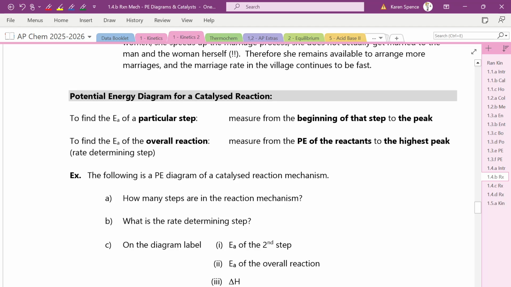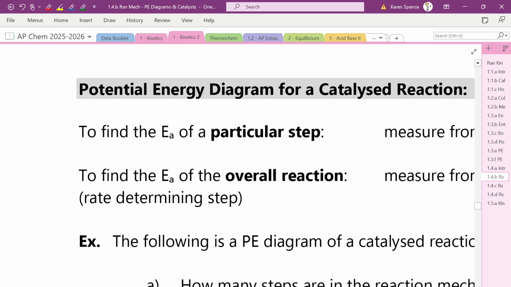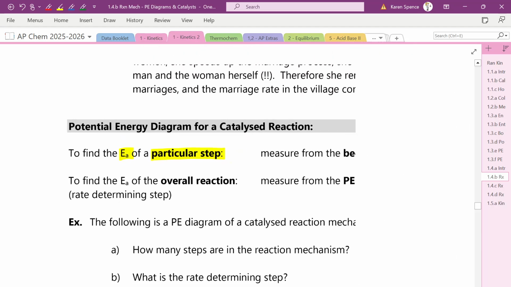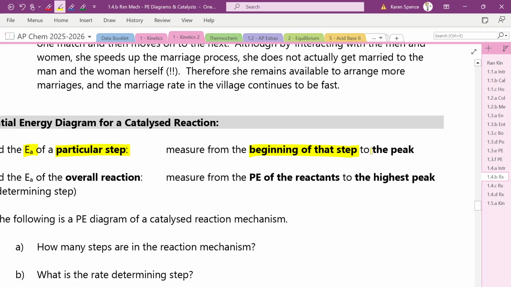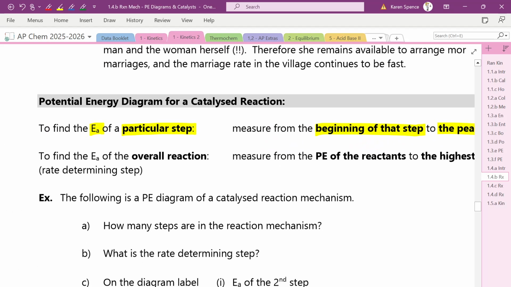Potential energy diagram for a catalyzed reaction. If you want to find the activation energy of a particular step, you measure from the beginning of that step to the peak. So each step has its own activation energy.